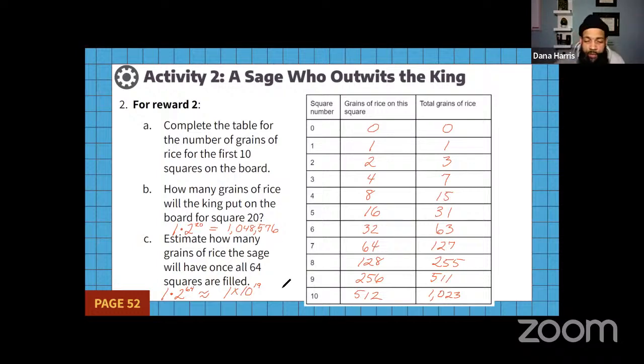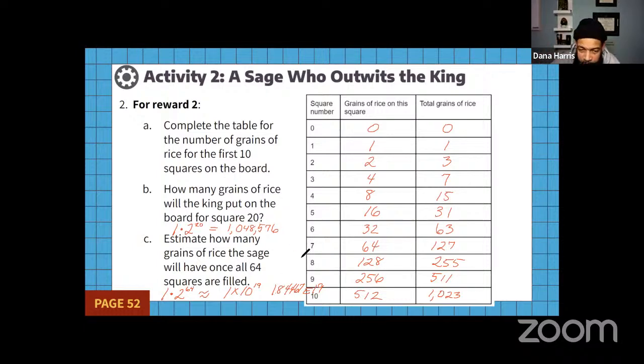If you put this in a graphing calculator, you might see 1. Let's see my graphing calculator. So 1 times 2 to the 64th power, and we get 1.84467. And you'll see something that says E19. I'm not going to write all those digits out, but that's 1.84467.